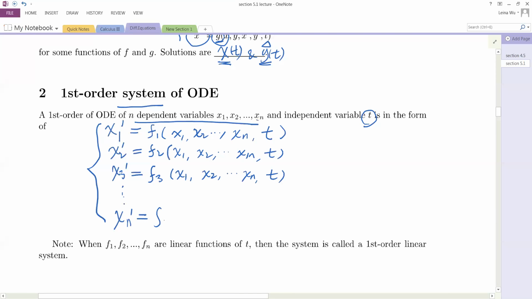And xn prime will just be fn of x1, x2, xn, and t.